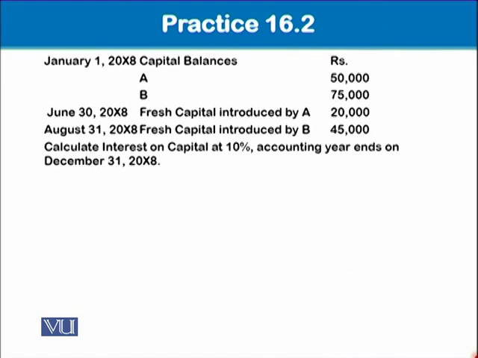So here we go. There is a practice question: on January 1, X8, the capital balance for partners A and B is 50,000 and 75,000 respectively.